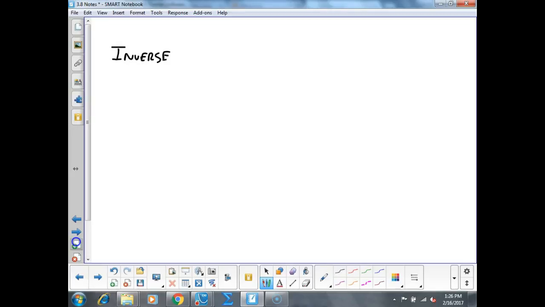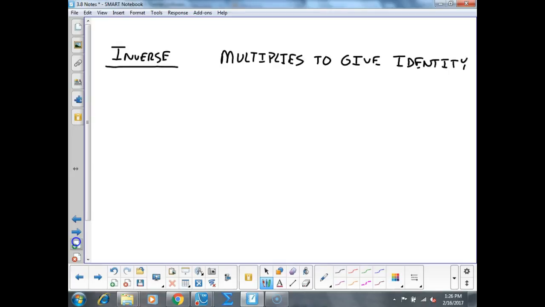So an inverse multiplies to give the identity.